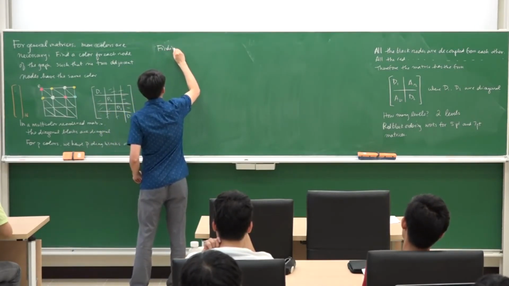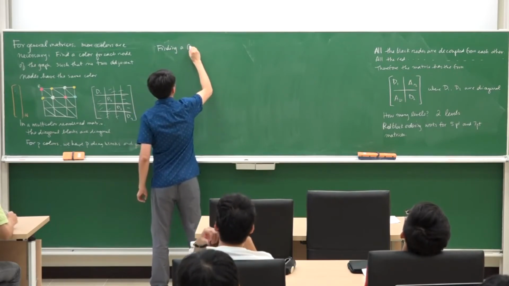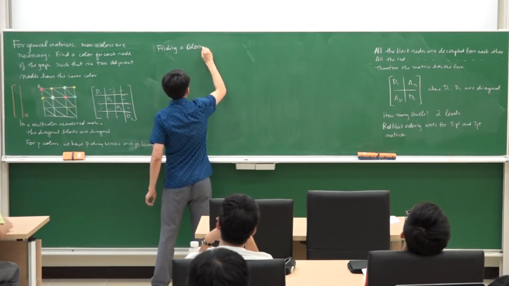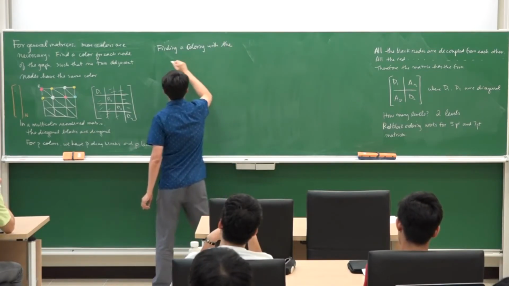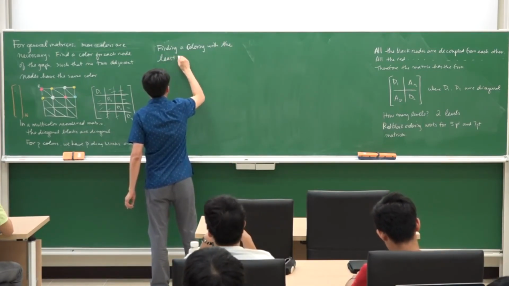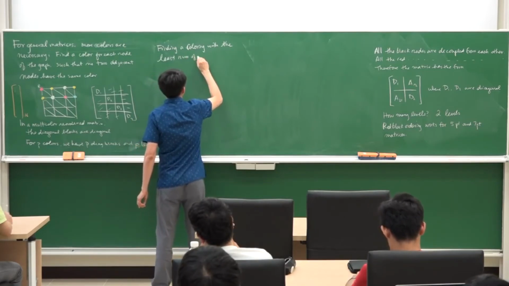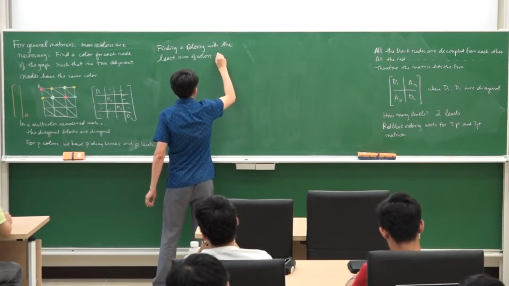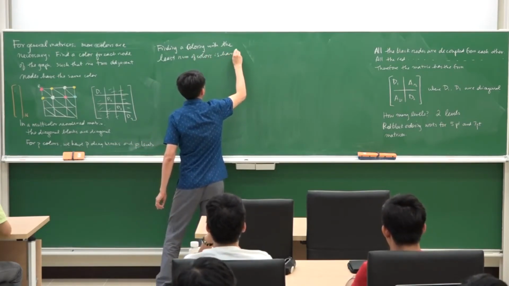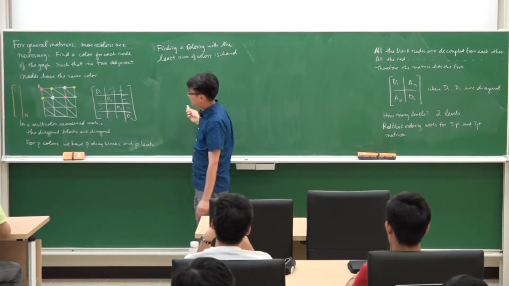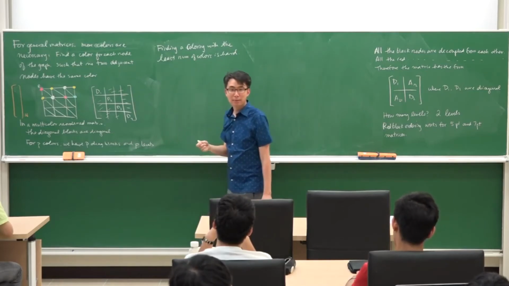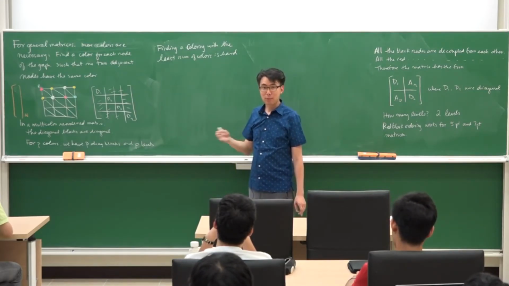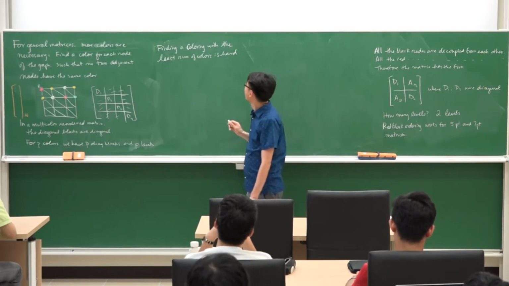Okay, so finding a coloring with the least number of colors is hard in a computer science way. You want the least number of colors because that reduces the number of sequential steps, right?